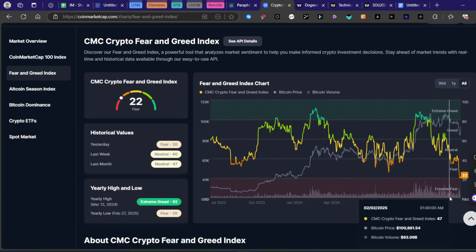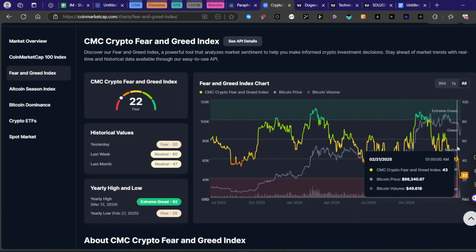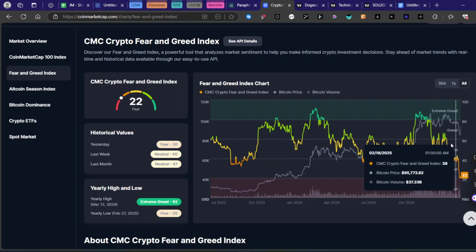Let's be more detailed, because we can just generalize the categories into fear, neutral, and greed, and the neutral could be reaching up to 59, as we can see here.